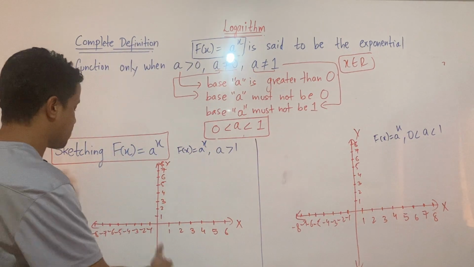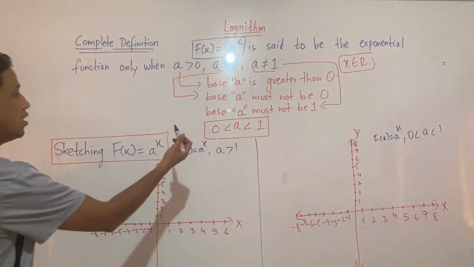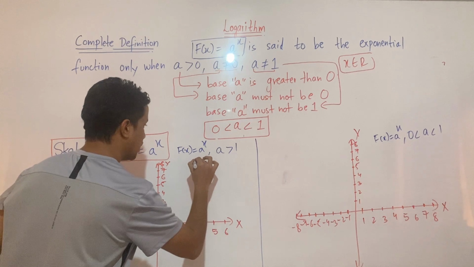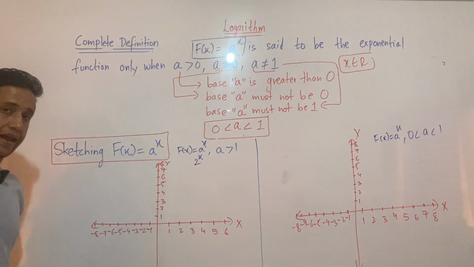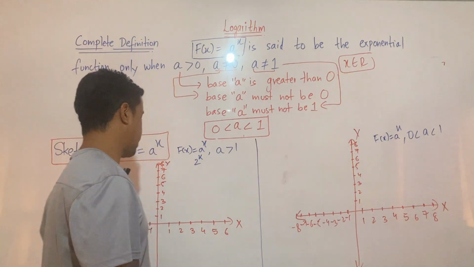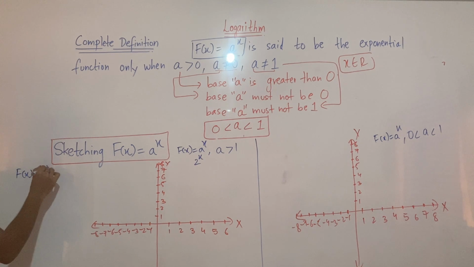Okay, now here we can take any number of functions. For example, let's start with the graph of 2 raised to the exponent x. Now if you look at f(x) equals 2^x, when x is 0, y is going to be 2^0, which means 1.